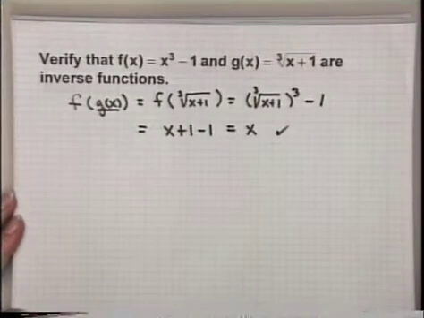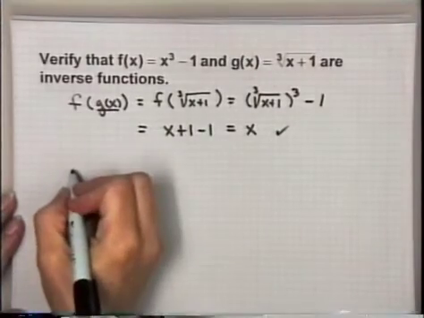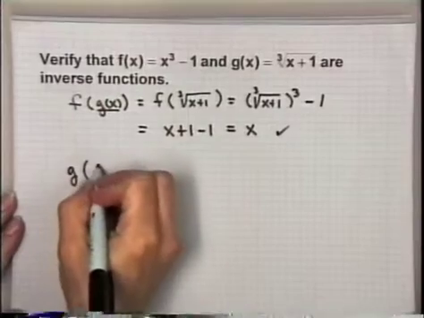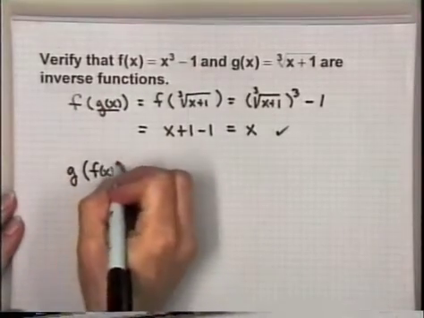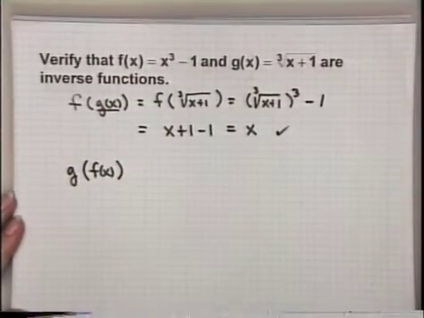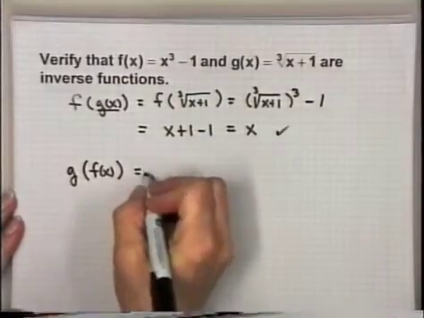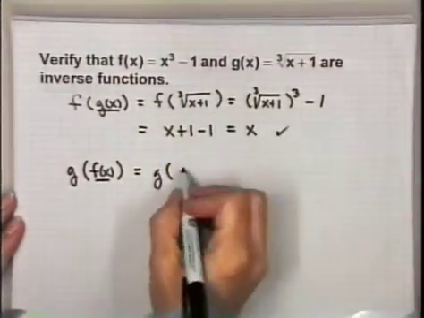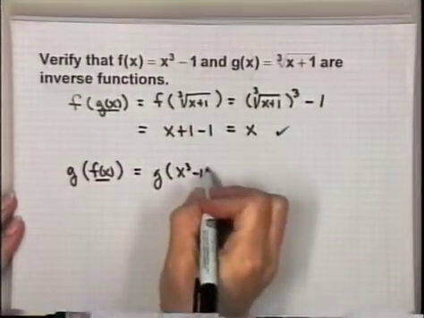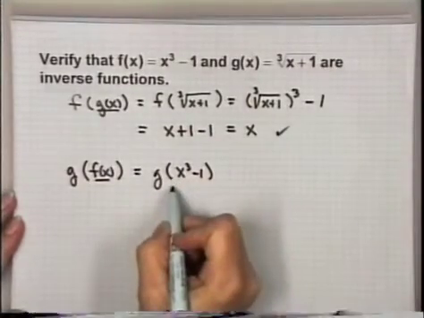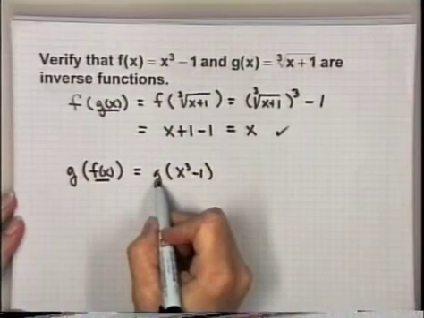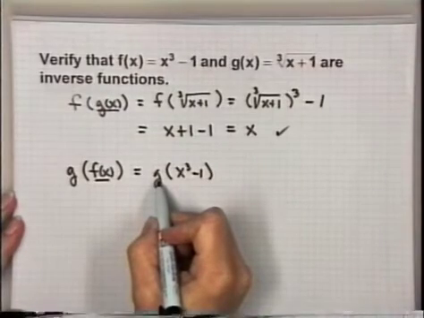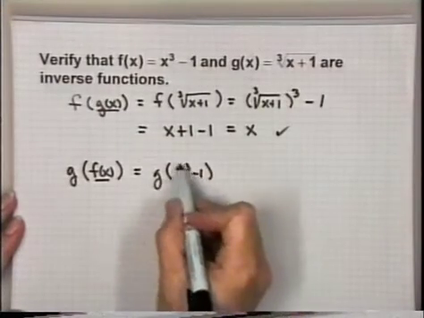But we also have to verify that if we do the other composition, g of f of x, that we also get x. So let's look at this. We have g of f of x, notice up here, f of x is x cubed minus 1. So this says we are going to function g, and we're going to replace the variable in g with this quantity here.